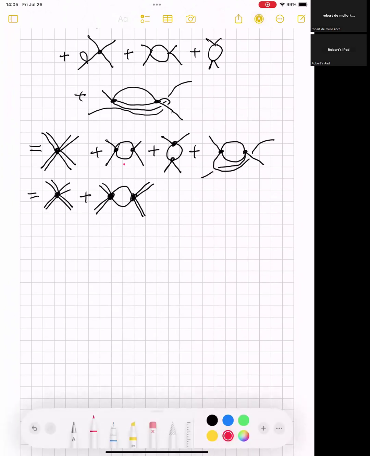So this replacement over here is perfectly accurate at one loop order. And we can make the same statement for this diagram. Again, what we do is perfectly accurate at one loop order.